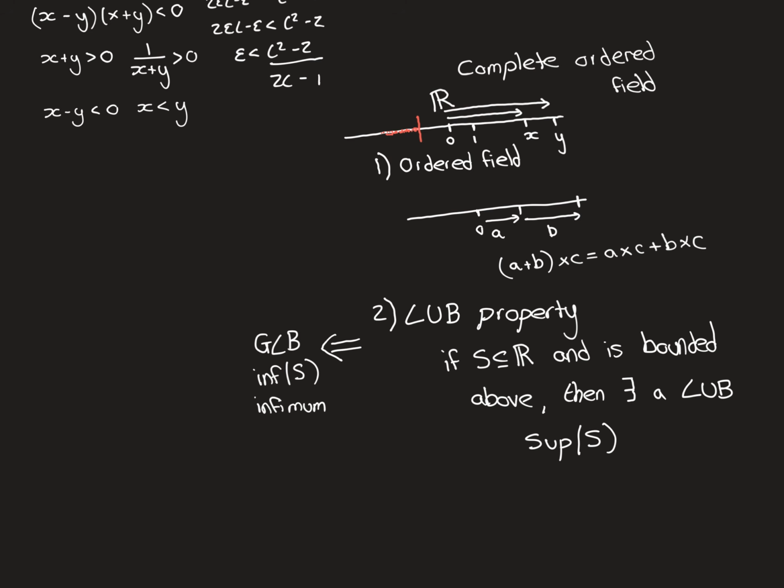And what is more, we will show that any such construction of a complete ordered field is isomorphic to this intuitive understanding that we have of the real line, the one-dimensional continuum, with the addition and multiplication laws that we have looked at. So there is only one complete ordered field. There aren't multiple of these. There's only one, and it is the real numbers. There's only one mathematical structure that obeys all of these axioms, and that is the real numbers.